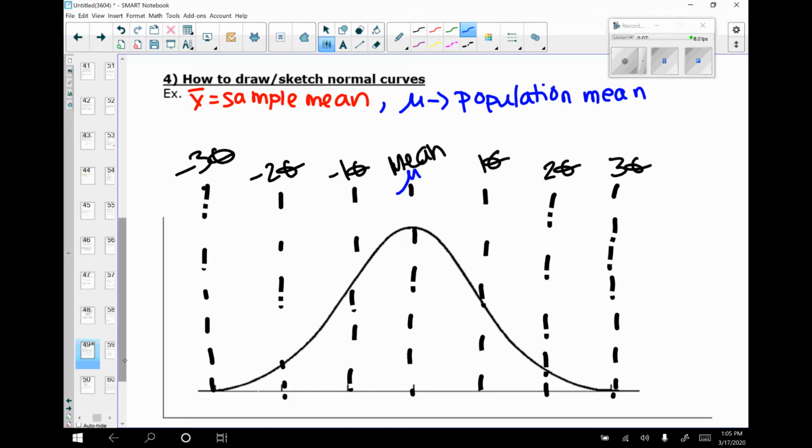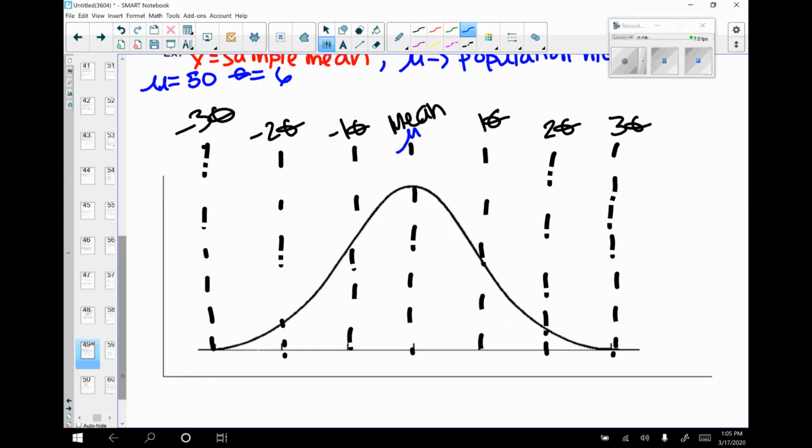All right, now, you're going to be given some information here. So let's say I give you a problem and I say, your mu, your mean, is 50 and you have a standard deviation of 6. You can set up a bell curve with only that information. We can put our 50 down here, and then we're going to add 6 for our standard deviation over here, and we're going to subtract 6 for our lower standard deviation over here.